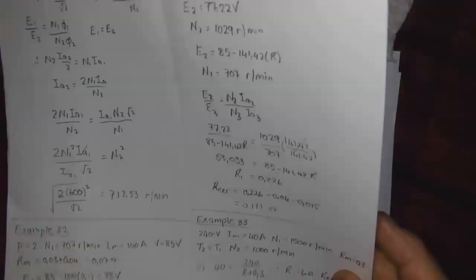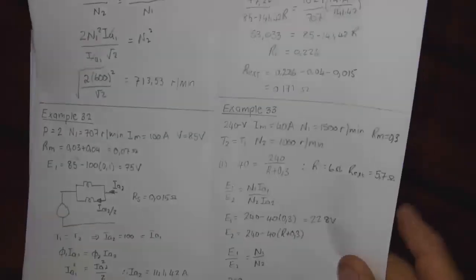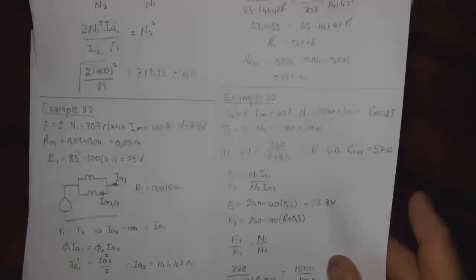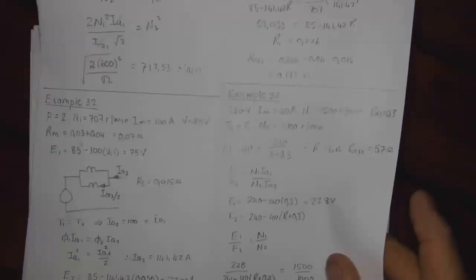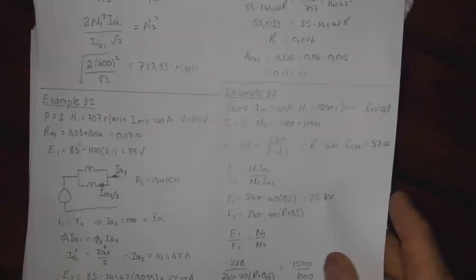All right. Then example 32. Also a 2-pole machine, 707 revs per minute, motor current 100 amps. Oh man, that's the same one.